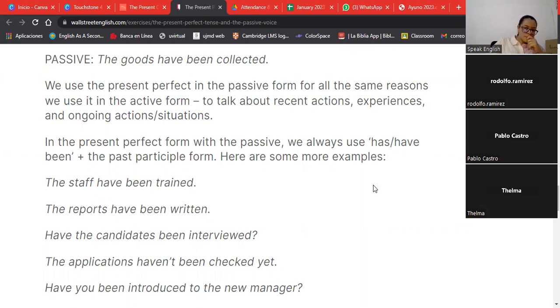In both of them, we use been. But for present perfect. But there are no more examples, right? Give me the examples that you were talking about.